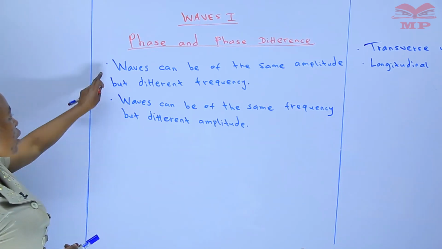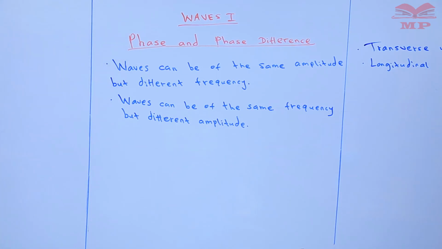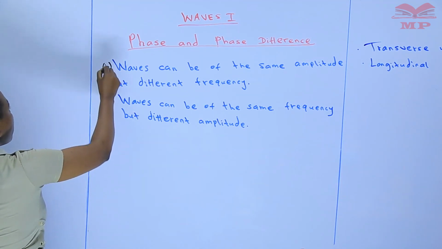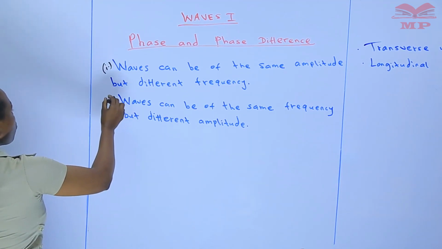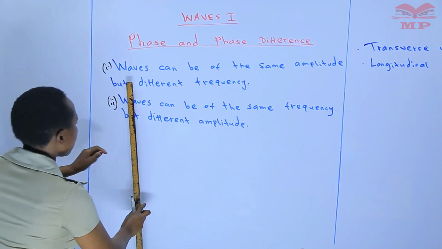And we want to make the two sketches and see how the waves look. So we start with the first one. We can even call this one number 1 and this our number 2. So we start with number 1, waves of the same amplitude but different frequency.